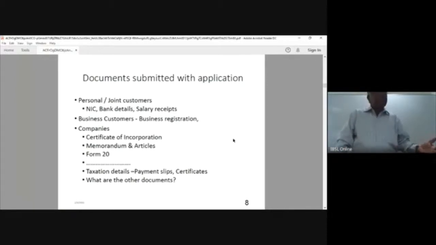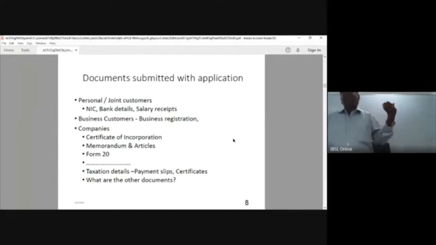Then in the case of business customers, business registration, I have already told you. The business is registered with the provincial registrar of company registration. And then a business license also. In the case of companies or enterprises, they have to obtain a business license from the local authority and submit it.